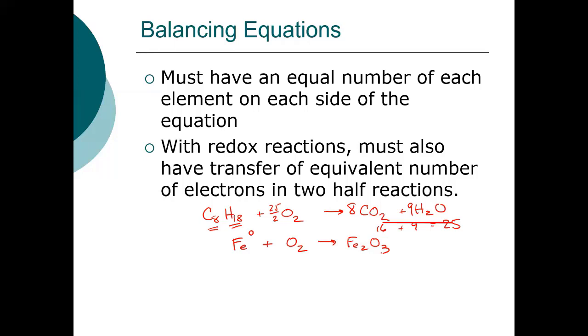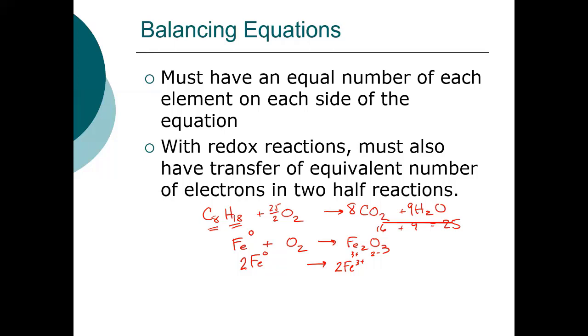So we start with iron that has an oxidation state of 0, and in ferric oxide, the iron will be 3 plus, our oxygen's 2 minus. So this goes to Fe3 plus, but we have 2. So to go from Fe0 to Fe3 plus, we need 2 moles of iron on the product side.